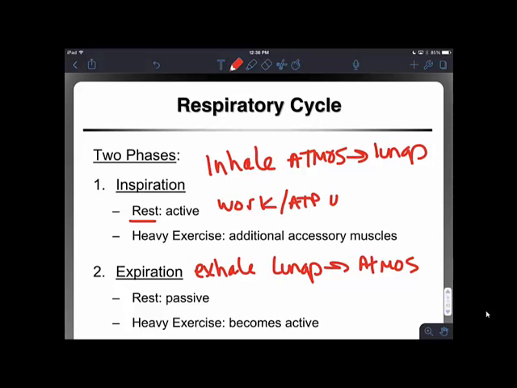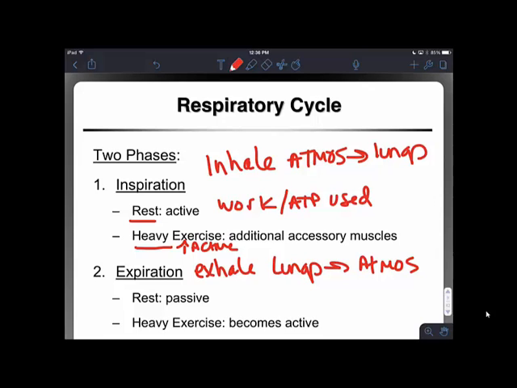ATP is being used in order to generate the pressure gradient that's going to move air into the lungs. During exercise, inspiration becomes even more active. Okay, which means that during exercise we have to do more work and we have to use more ATP in order to bring greater amounts of air in, which we need during exercise.